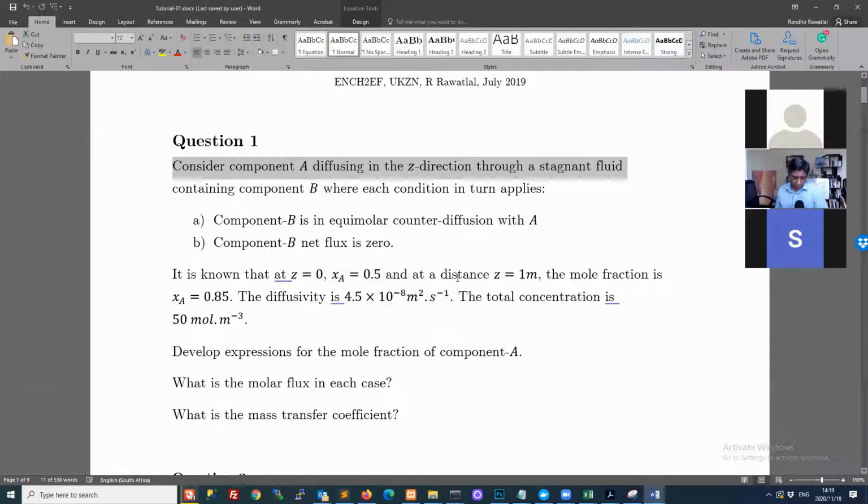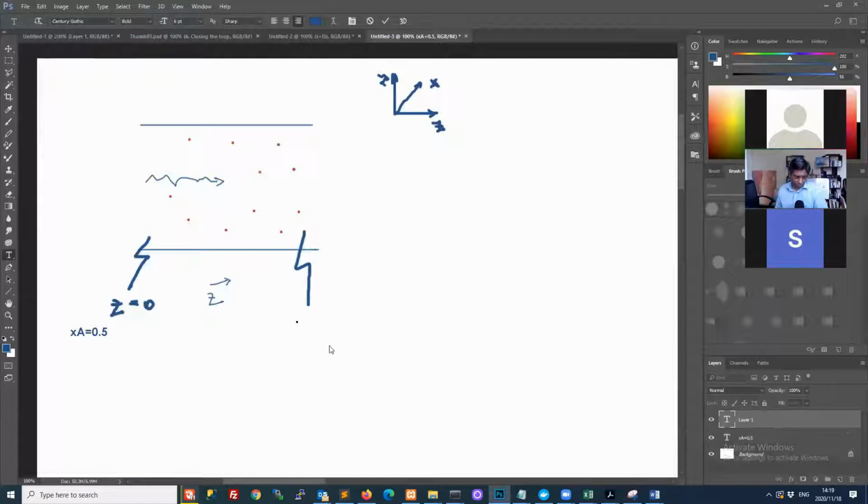We are told that at a distance of 1 meter from that point, we have a different mole fraction, 0.85. So we've got here Z equals 1 meter, and at this point, we have XA being 0.85. Right, so we already know some mole fractions at these 2 points. And now we would like to know what's going on in between.